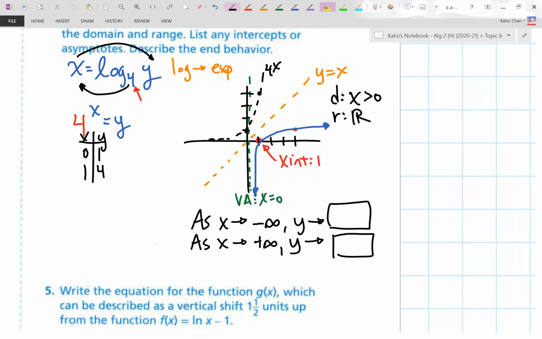So when I'm going left from the middle, I'm dropping downward to negative infinity. And when I'm going to the right of the graph, it doesn't look like it, looks like I'm bottoming out, leveling off. I'm not, I'm actually going to positive infinity. Okay? Yay, not too bad.